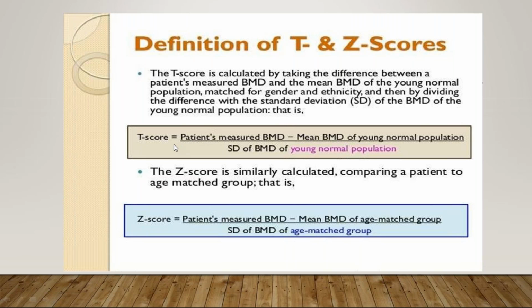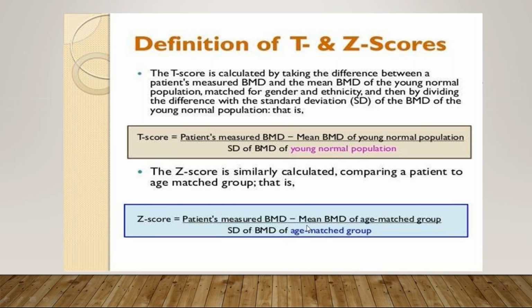T score and Z score both are important, but mainly only the T score is considered, because it is calculated against the normal young population. In Z score, they will take the patient's measured BMD along with the mean BMD of the same age.